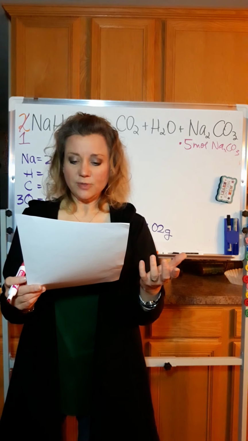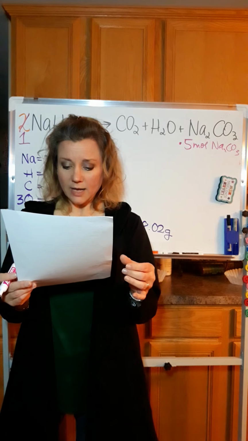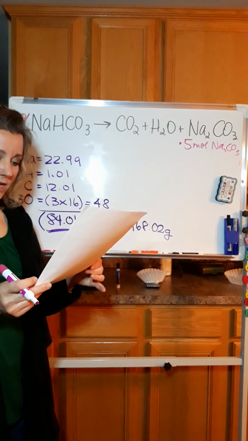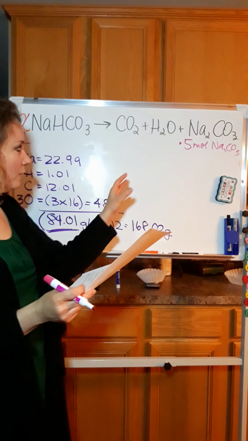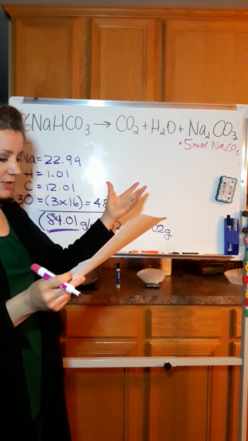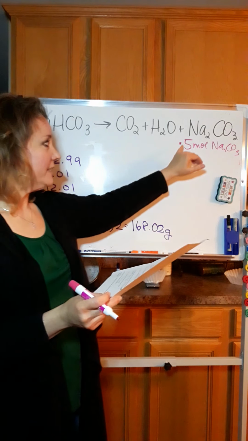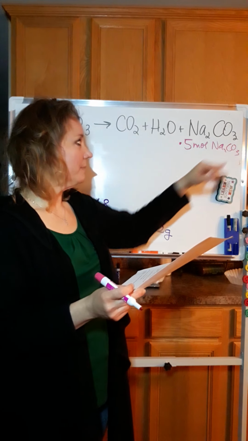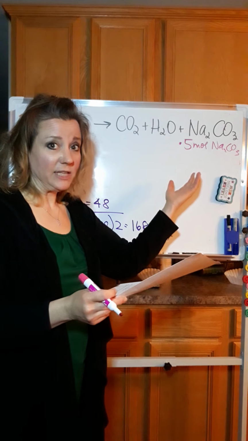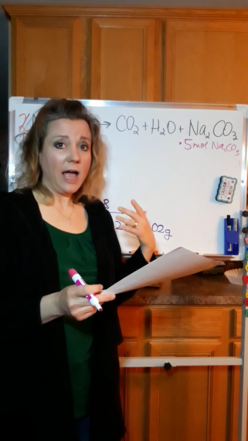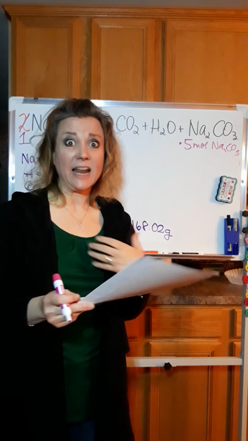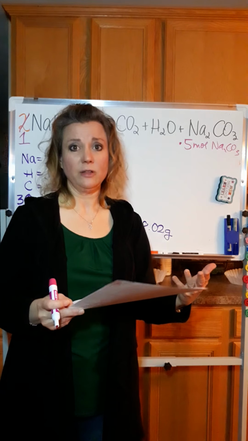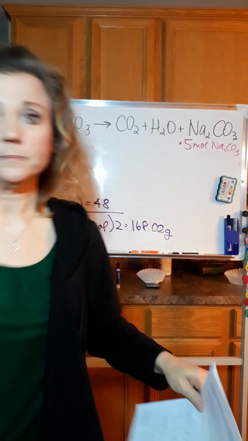Well, all I need to do then is just use division and, I guess, multiplication. So here's what I need to do. I need to figure out how much a mole of sodium carbonate weighs and then divide it by 2 so that I can determine how many grams of it I can make. Because like I said, I don't have a scale here that measures moles. I only have a scale that measures grams.